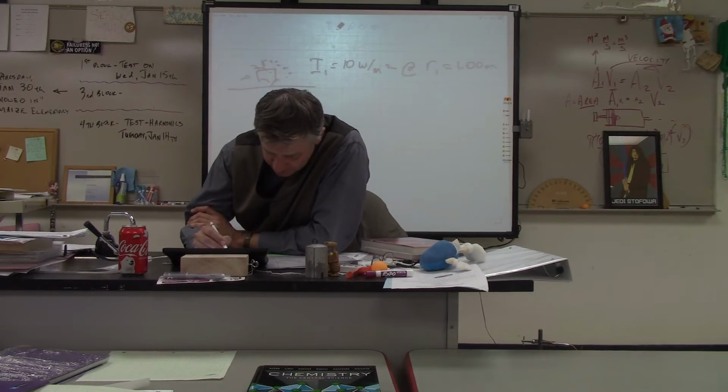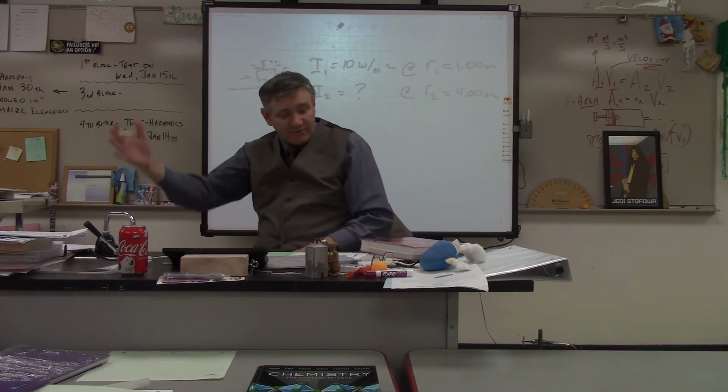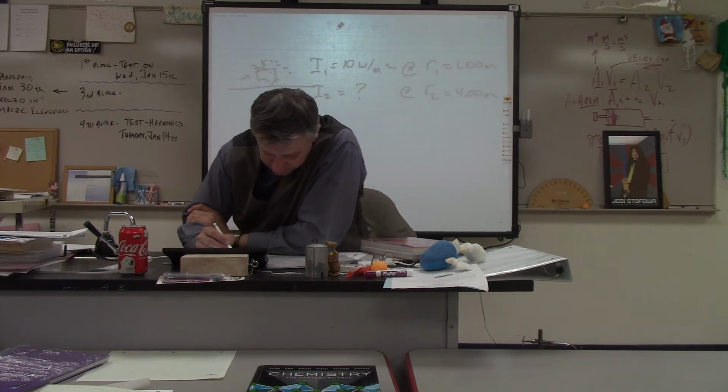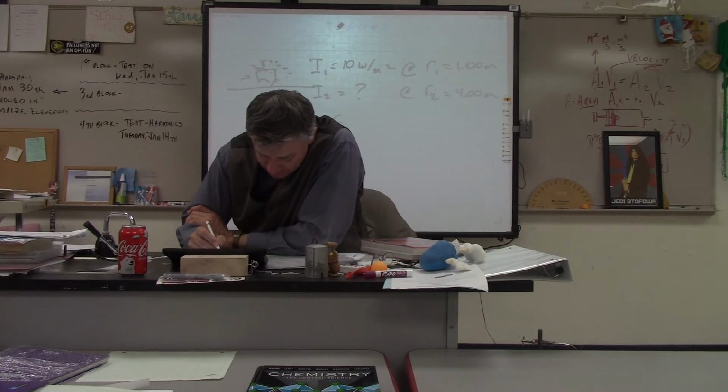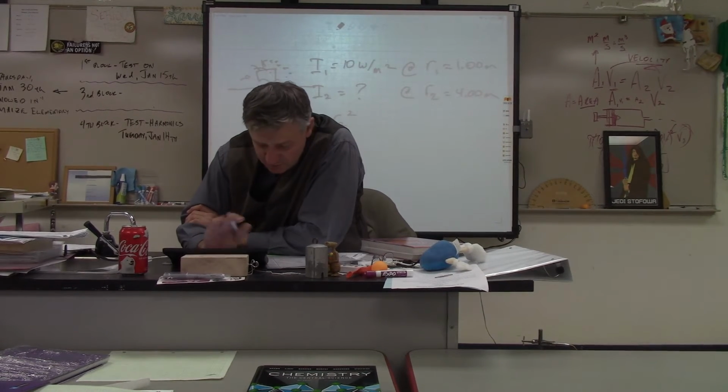What I want to know is what the intensity will be if I back up to 4 meters. So now we're going further away. Here's what you want to look at: a ratio of I1 over I2 is going to equal 1,600.